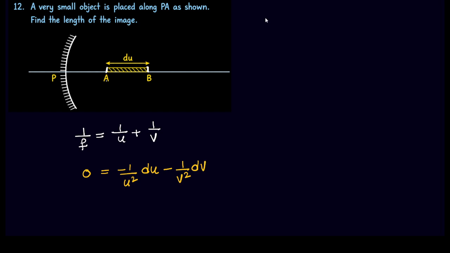From this we can say dv by v square is equal to minus 1 by u square into du.